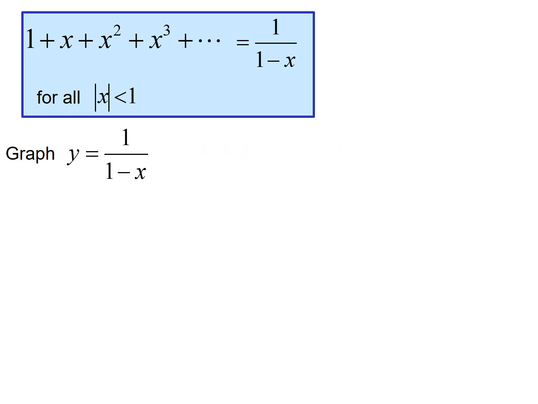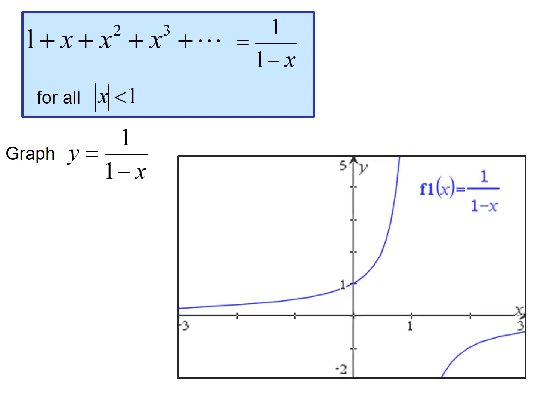And let's take a look at this graphically to make some sense of this. Let's graph the function 1 over 1 minus x. And now let's start graphing this power series. Now, it's not practical for us to graph the actual series because we can't graph infinitely many terms, but we can graph some of them and get an idea of how it's behaving.